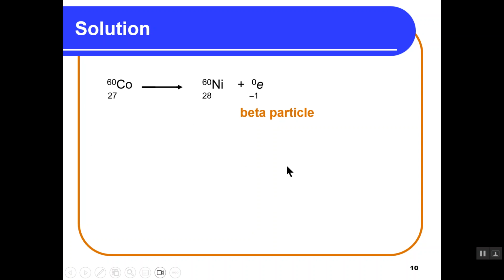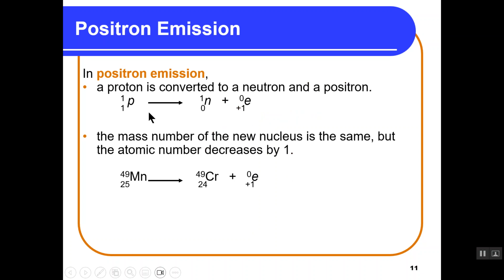Okay, in the case of positron emission, what actually happens is that a proton is converted to a neutron and a positron. And basically there will be no change in the mass number, but the atomic number will decrease. And that is seen in this example right here. You're starting off with manganese-49, the atomic number is 25.